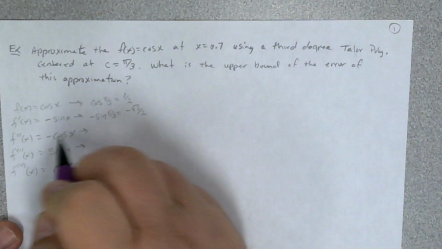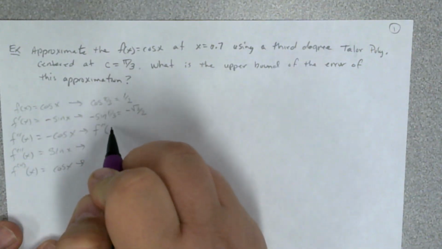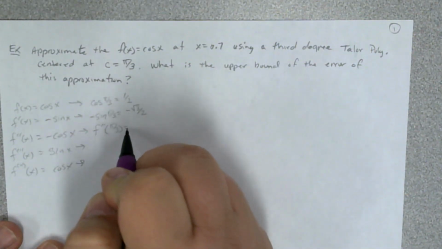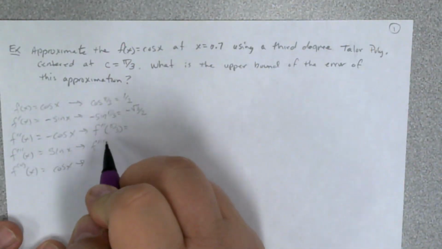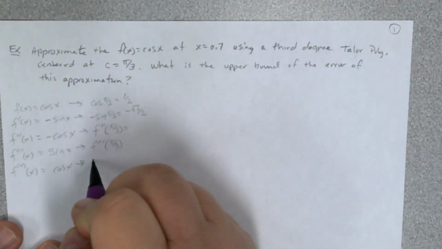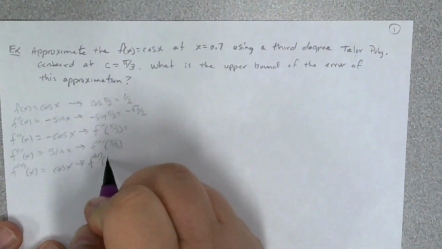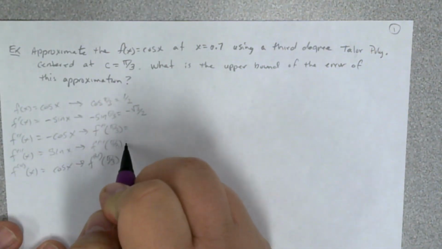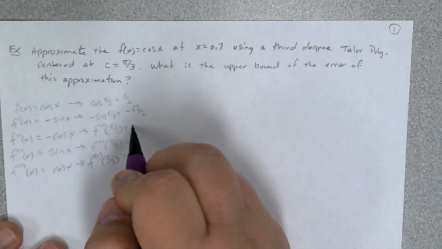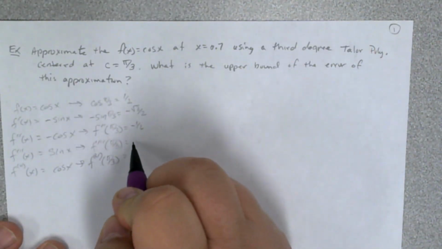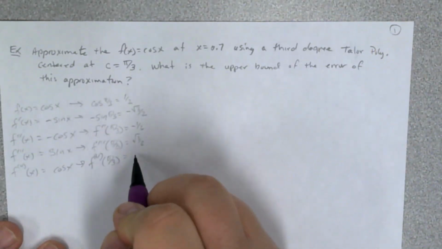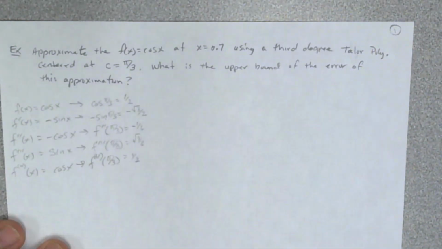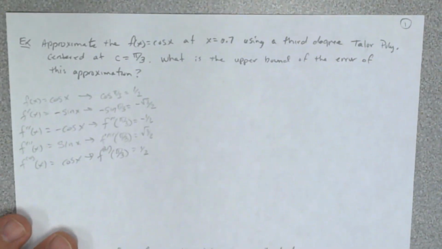I'm not going to write it all out, I'm going to write it this way now. This is the second derivative at pi over 3. And then we're going to do the third derivative at pi over 3, and then the fourth derivative at pi over 3, and get these values in here. So this one's going to be negative 1/2. This one should be the square root of 3 over 2. And this one down here should be positive 1/2. Okay?